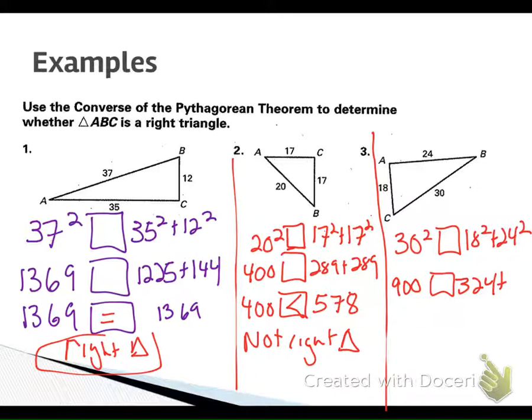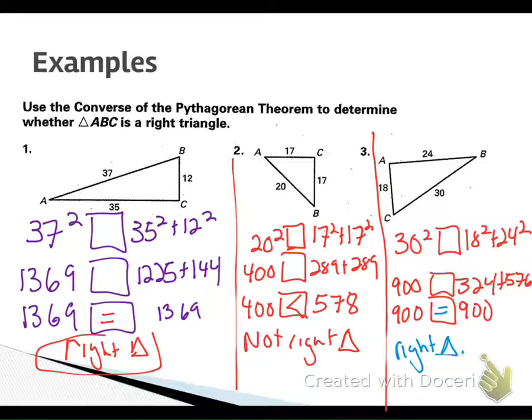Plus 576. Did you notice that this is a common number? Okay, we add up our stuff on our right-hand side. What do you get? 900. Is that greater than, less than, or equal to? So it is a right triangle.